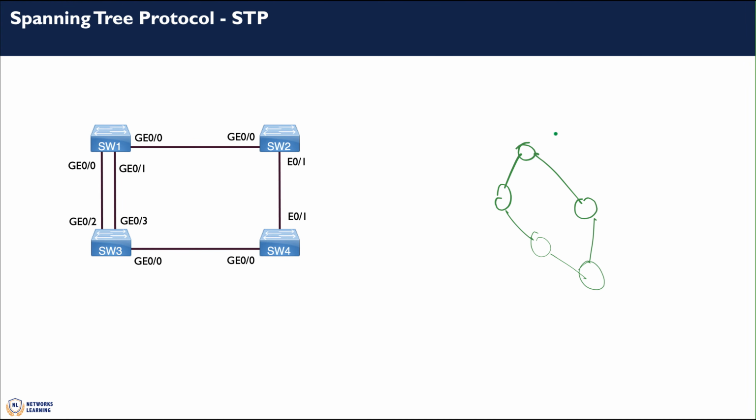The job of spanning tree protocol is to elect a root bridge. So for example, say this would be your root bridge here. And then you still have a loop in your topology. So the next job of spanning tree protocol is to find which port between all the switches can be put in blocking mode.